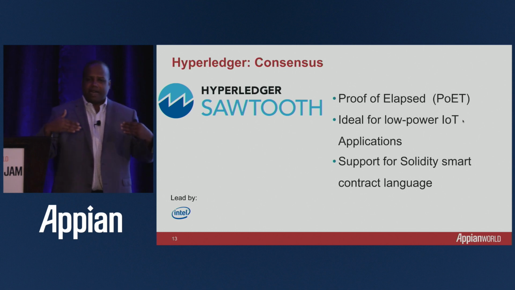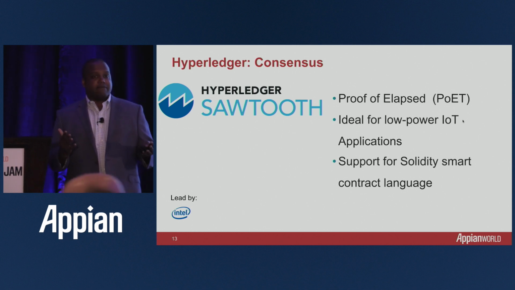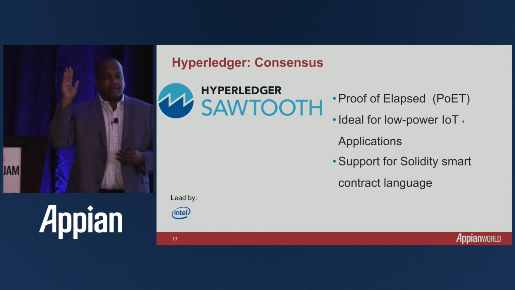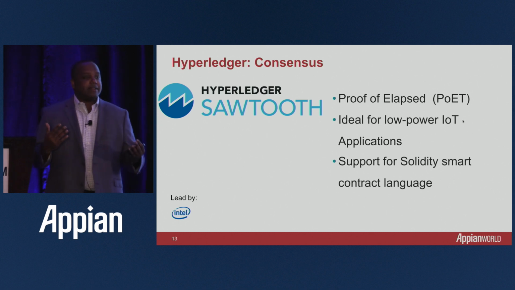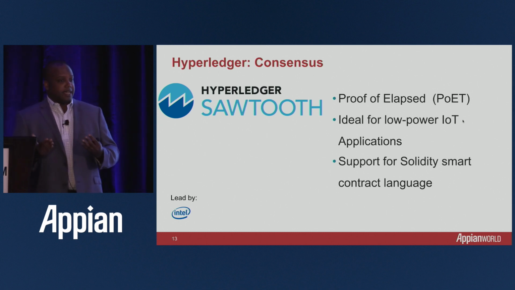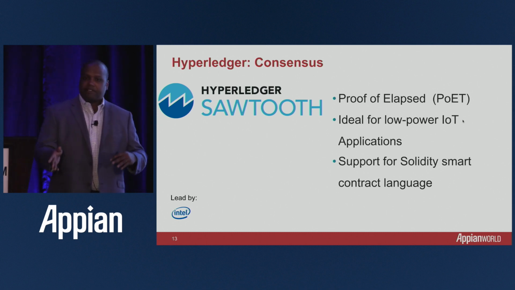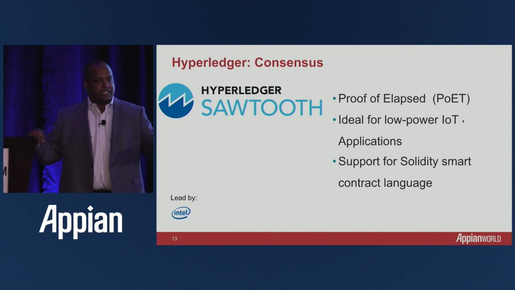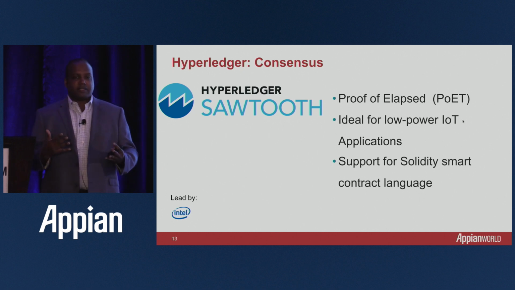In proof of elapsed time, when there's an addition, everyone's assigned a random number, a random value. And this is the time that they need to wait before they raise their hand. And the first participant to raise their hand is the one who gets to say, well, here's what the next addition should be. And in both cases, proof of work or proof of elapsed time, whoever wins, they say, here's the addition, and then everyone else validates or ratifies so that there's consensus across the network.